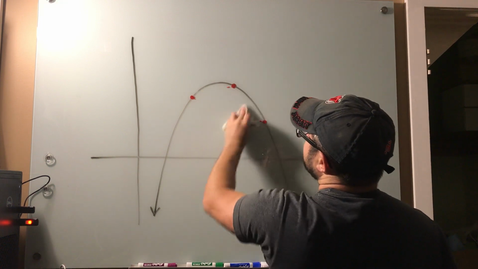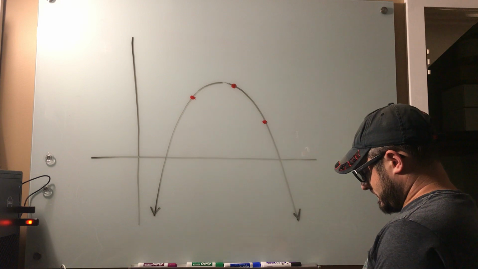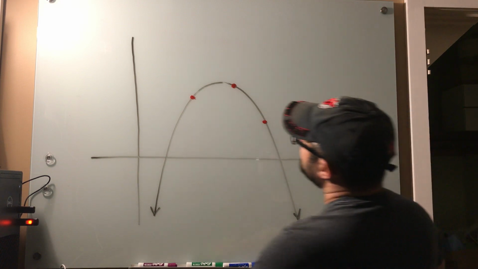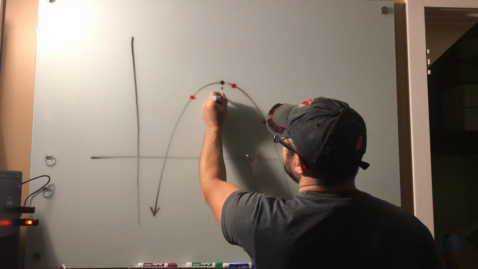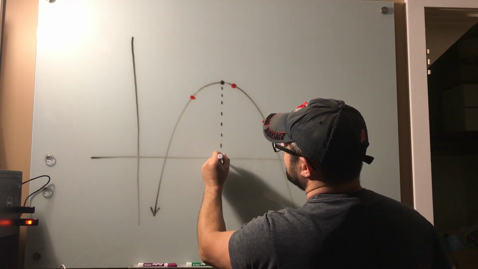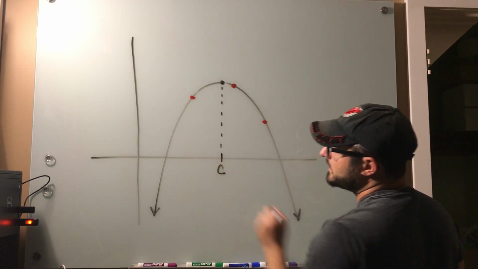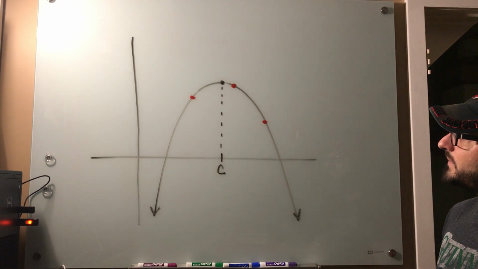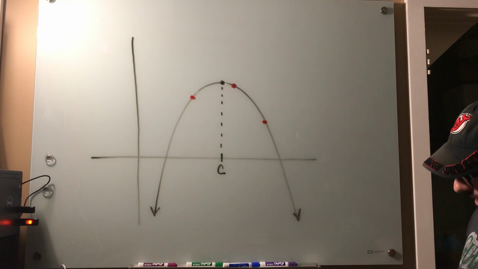So, the idea then is that the function, the graph, breaks down, we'll call that C, into two separate sections.